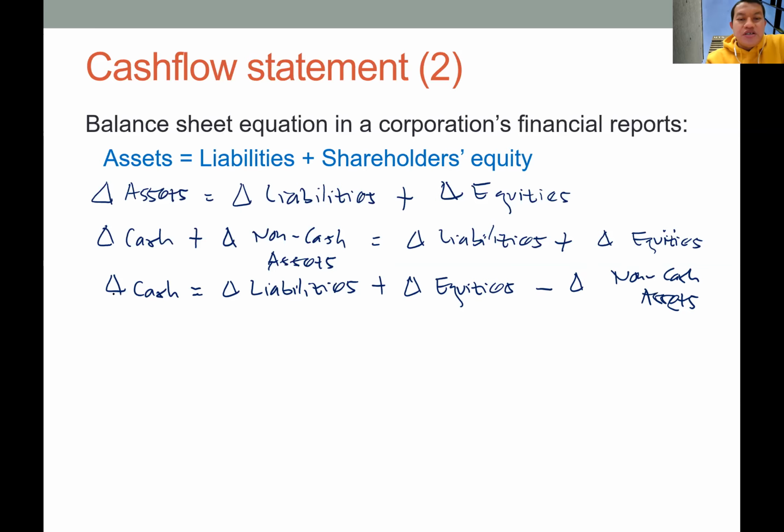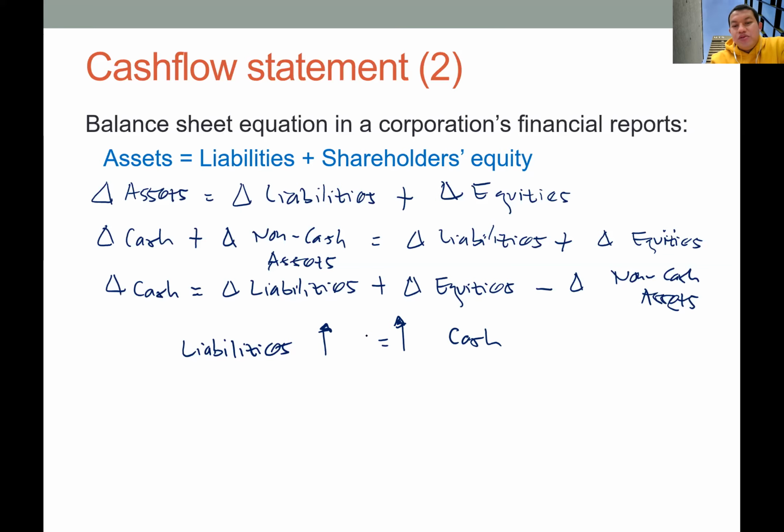From this equation, we can predict that if the liabilities are increasing, the cash will also increase, right? Because we have a positive relationship. Why might this be happening? Because when the liabilities are increasing, the company is adding more liabilities.